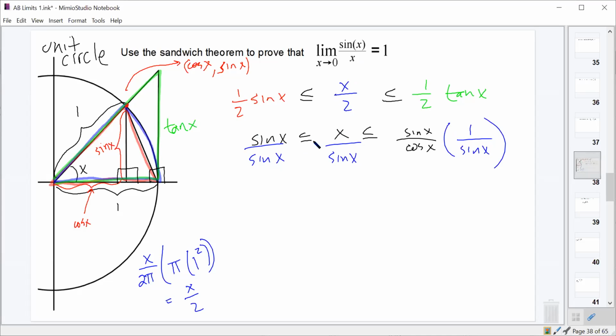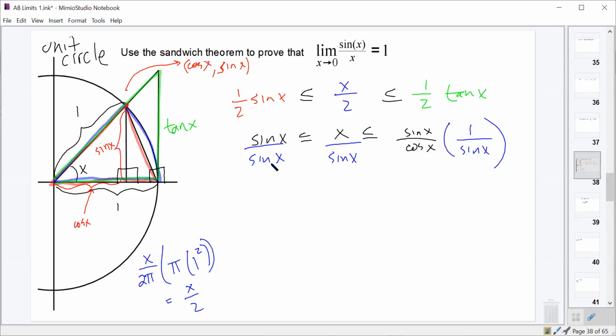Is that okay? Does that mess with my inequalities? It shouldn't, because what can you tell me about this angle? This angle is a first quadrant angle, right?